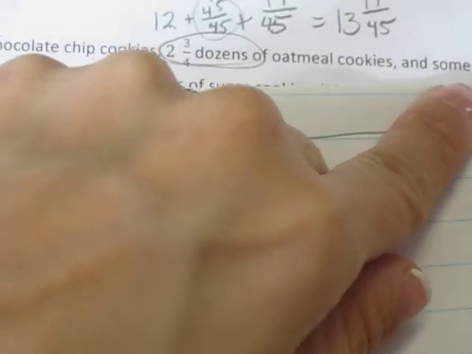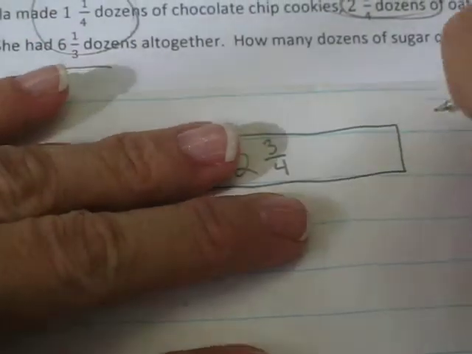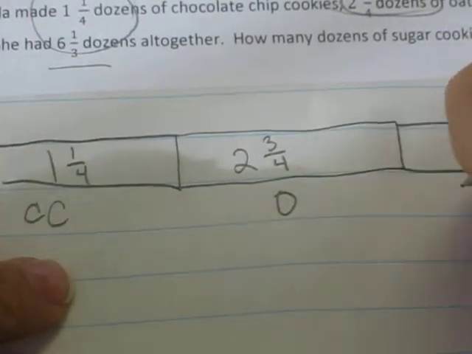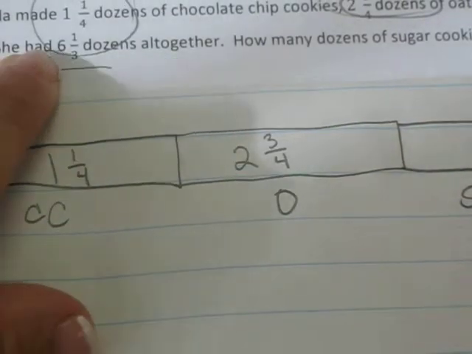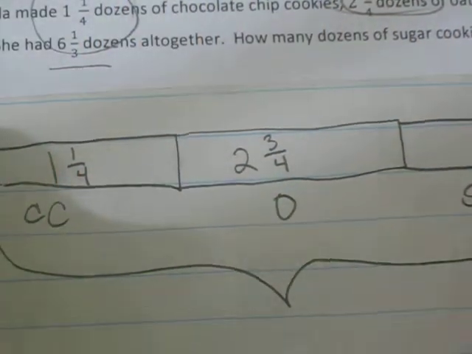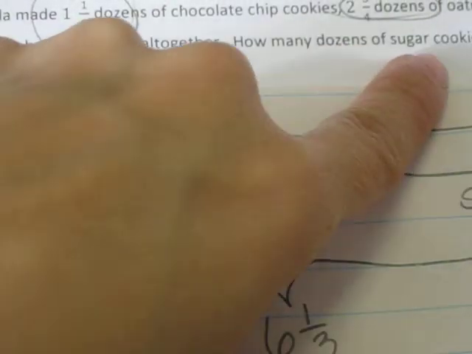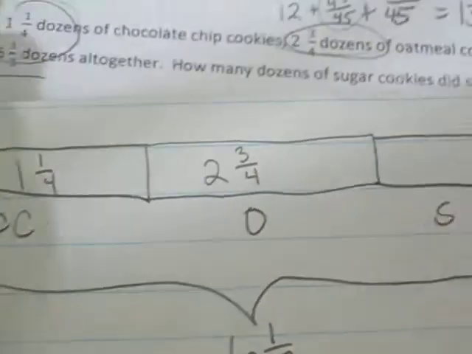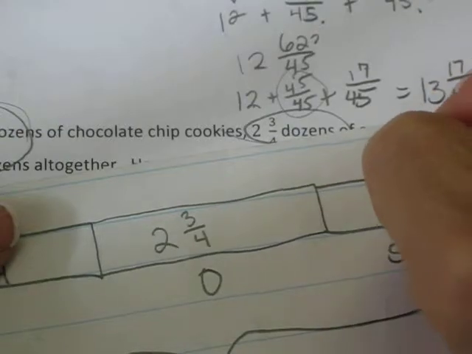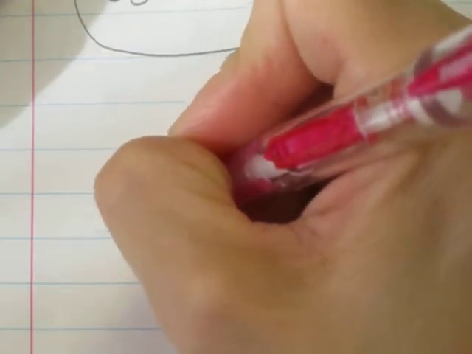And then the last one says, and some sugar cookies, but we don't know how much sugar cookies. It says here she had 6 1/3 dozens all together. So all of these together are 6 1/3. How many dozens of sugar cookies did she make? So they want to know this one, sugar cookies. So if I know she made 6 1/3.